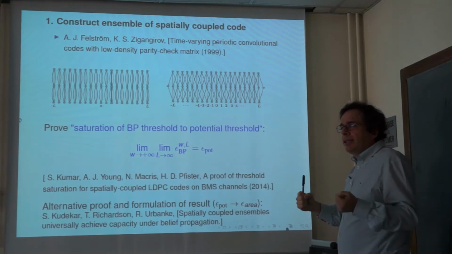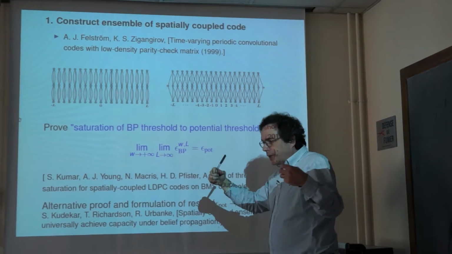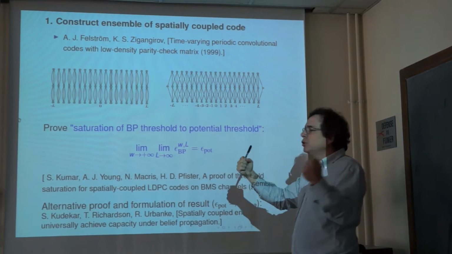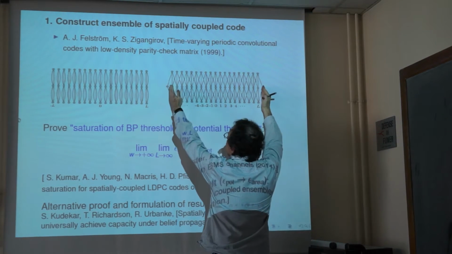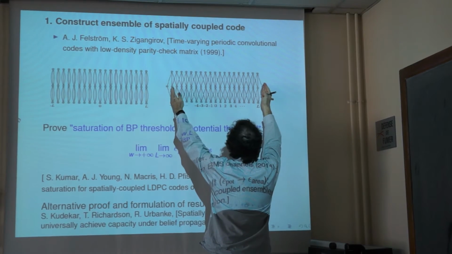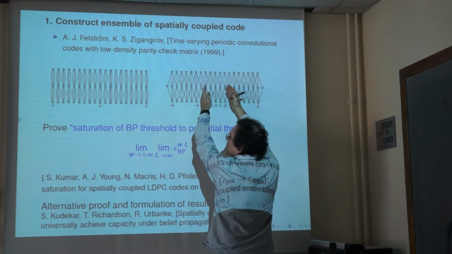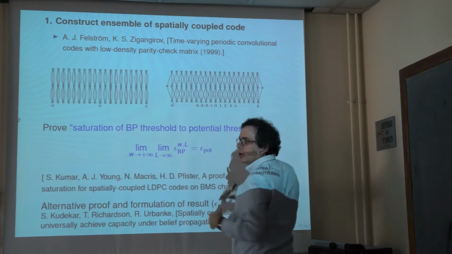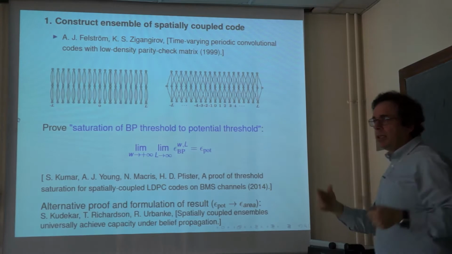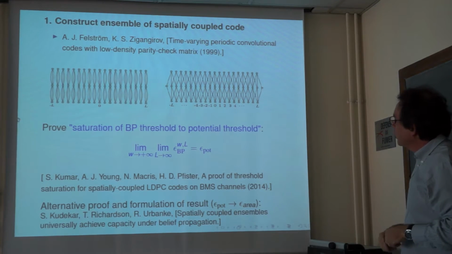So then you have this decoding wave phenomenon. Because you know the bits at the boundary, you can, with belief propagation, decode all the bits in the whole chain by running belief propagation, starting with the known bits at the boundary.